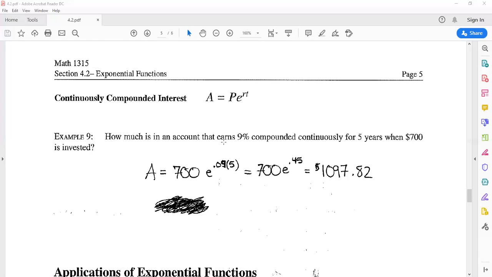And now there is no number of compounding periods. That's assumed to be almost like infinite, of sorts. So we'll just have 0.09 times 5, which is 0.45. And if you plug this into your Texas Instrument, you'll see that you have something like $1,097.82. All right, so that was good.